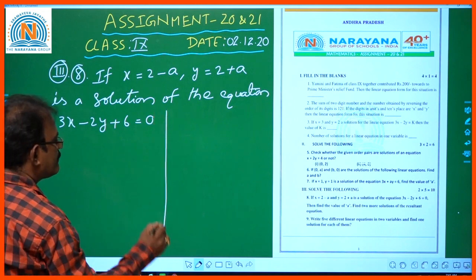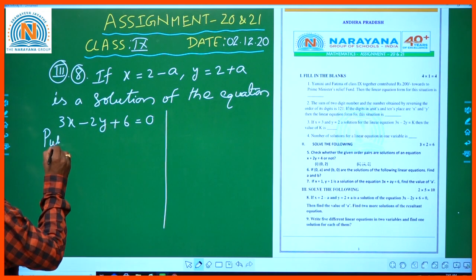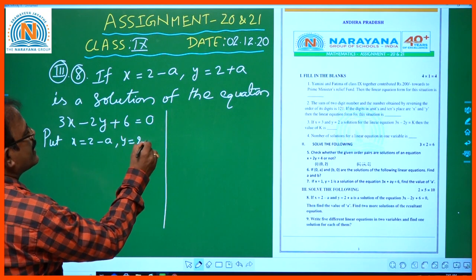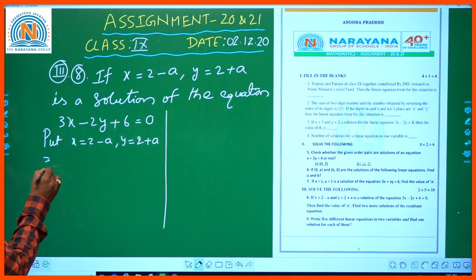So first of all, put x is equal to 2 minus a, y is equal to 2 plus a in the equation.